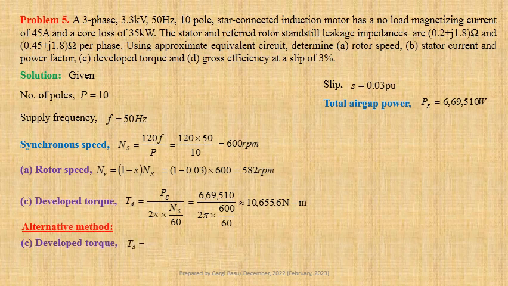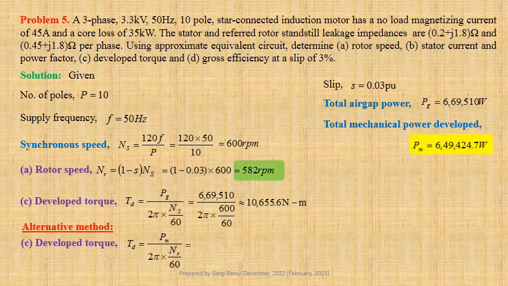Now we shall calculate developed torque using alternative method. Td equals Pm divided by 2 pi into Nr by 60. We have computed total mechanical power developed, Pm equals 6,49,424.7 watt.